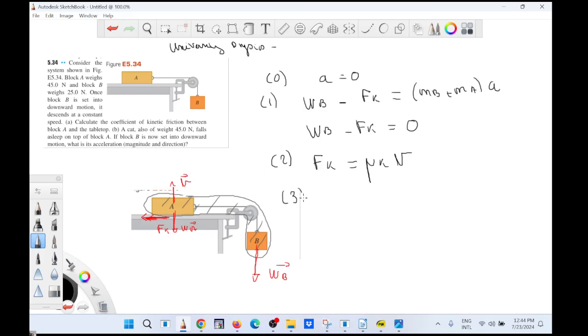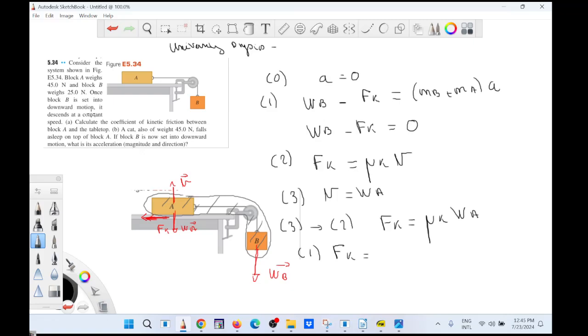And third equation, you know that up equals down, so the normal force equals the weight of A. So 3 into 2, you see that the kinetic friction equals the coefficient times the weight of A. So let's go back to the first equation. The frictional force equals the weight of B.